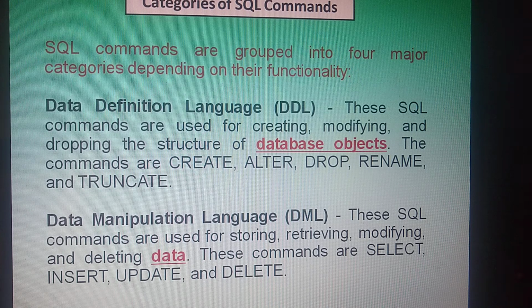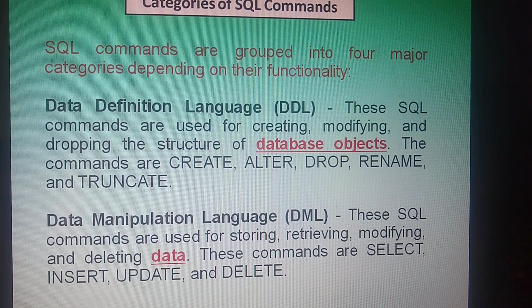Select is used to retrieve the values from the table. Insert is used to insert a new value or a row in a table. Update is used to update an already existing value, not the database object, not the field name, but the value which is present in the table. And delete is used to delete a row.